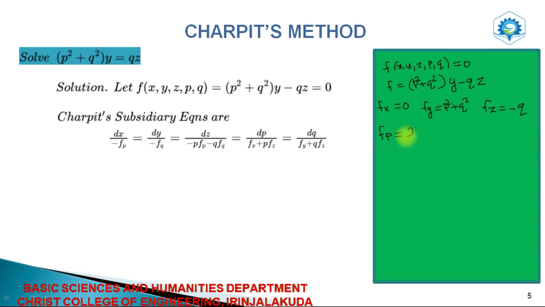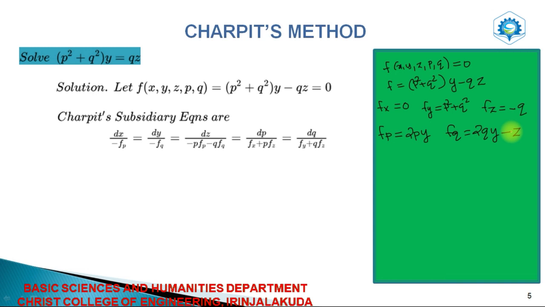Fp is actually 2py. And finally fq? Fq, we have two terms containing q, 2qy minus z. So those are the required derivatives fx, fy, fz, fp, fq, all the 5 partial derivatives.